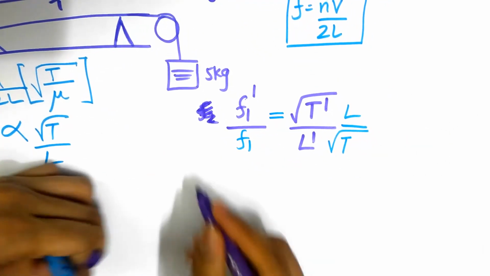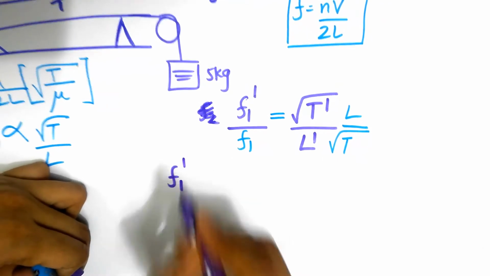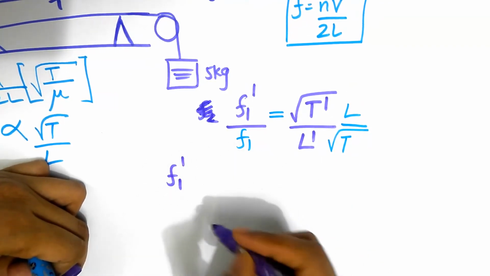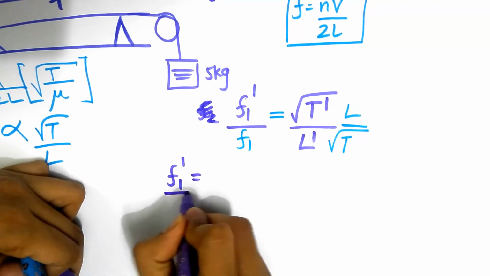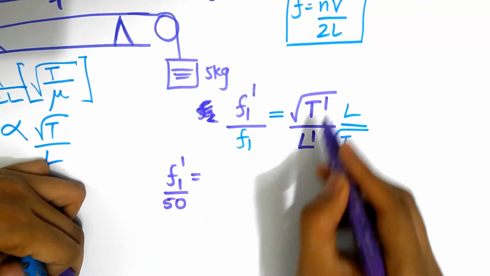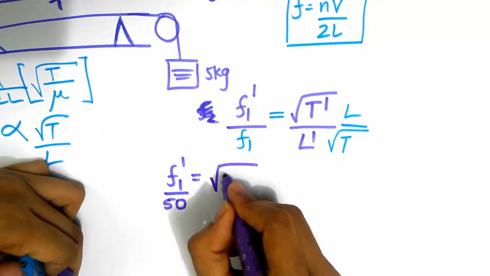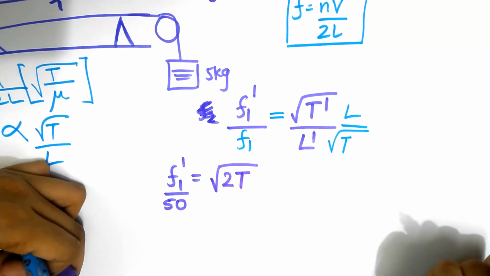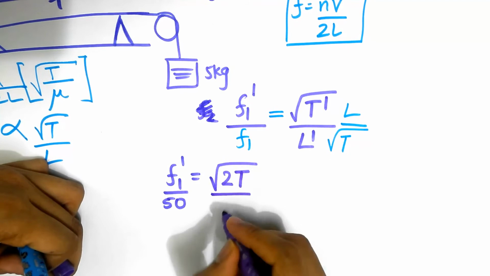We can get the fundamental frequency. The new fundamental frequency is going to be the old fundamental frequency, that's 50, times root T, that's doubled, right? So that is 2T. And the new length is half.